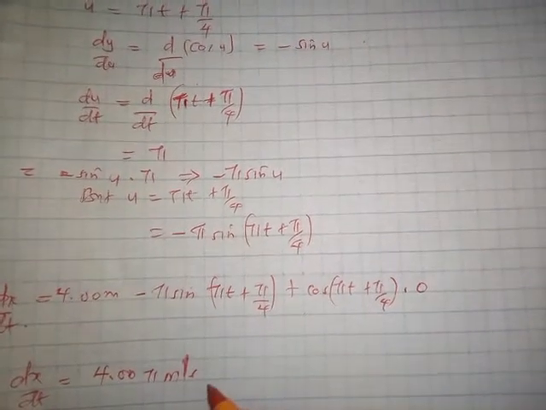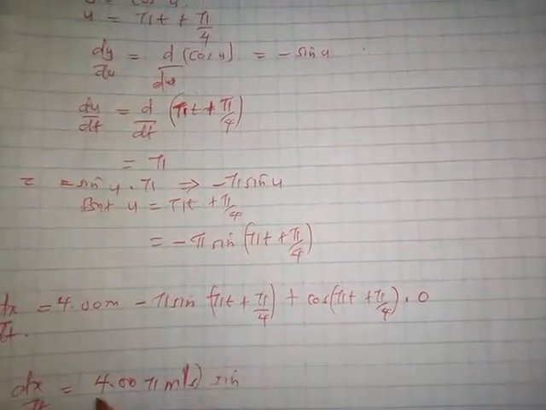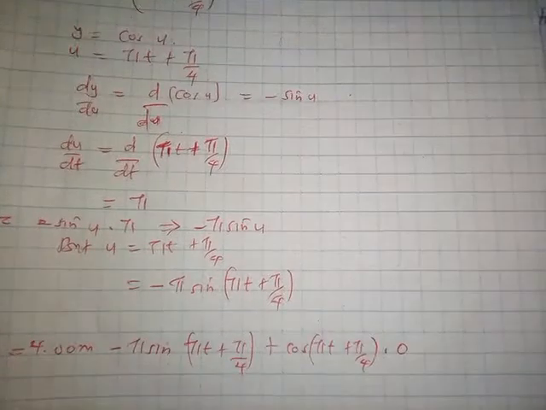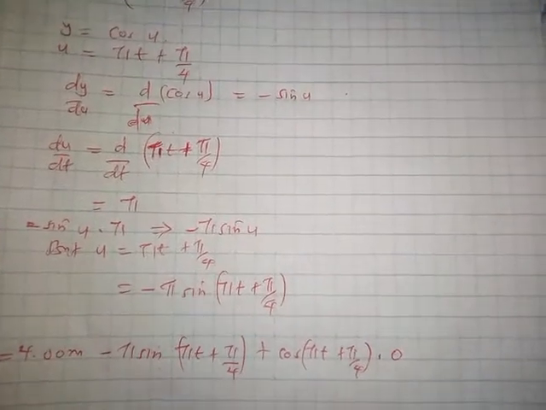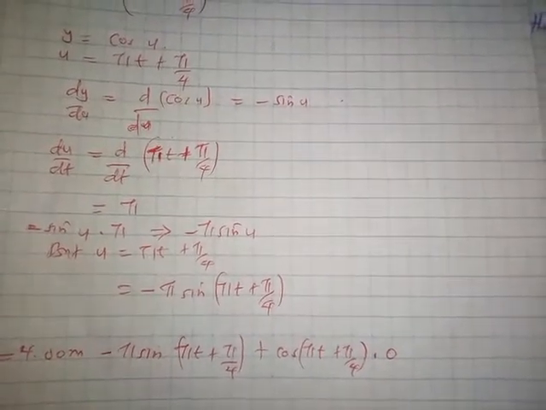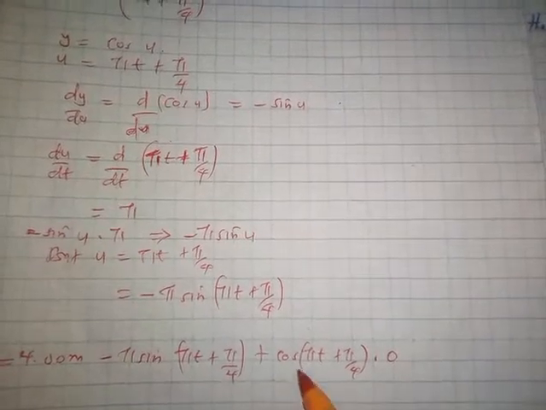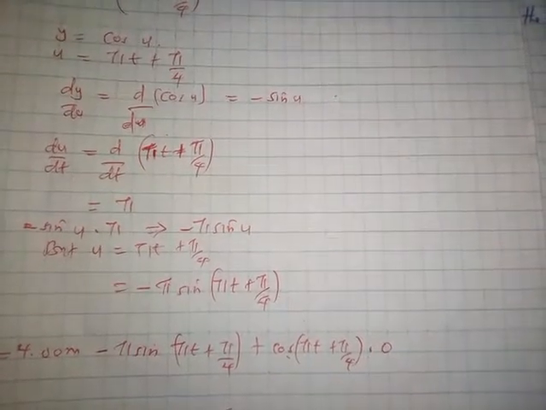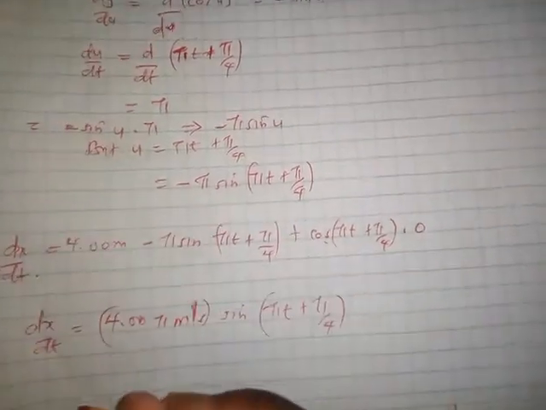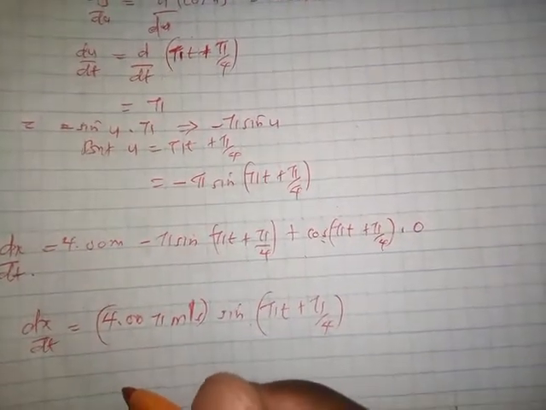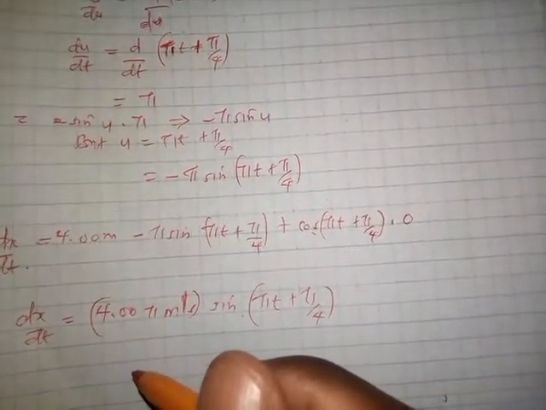Since the other term is 0, this becomes our velocity at time t.